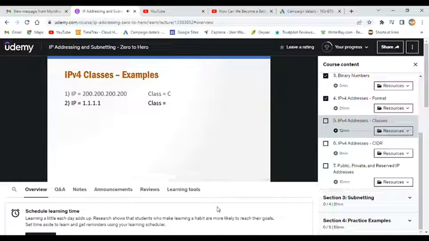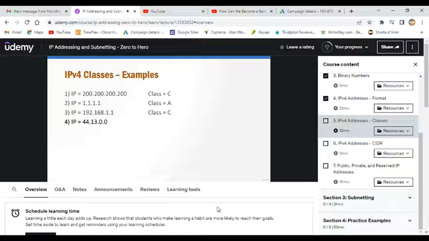This is definitely class A. Next example is 192.168.1.1. This is probably the most familiar IP address, and it belongs in class C.